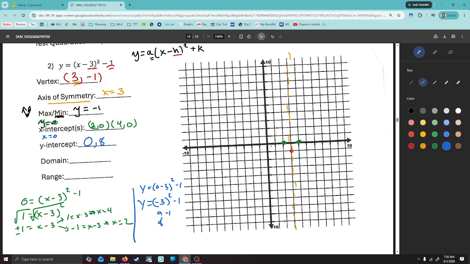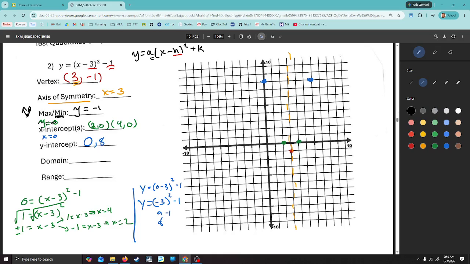I'm going 3 left from the vertex and going up 8. Now, to mirror this, because this is an axis of symmetry, I can see this is 3 away. So I'm going to mirror it by putting another dot 3 away. This will help you make the U shape. This is just a way to help you graph it.